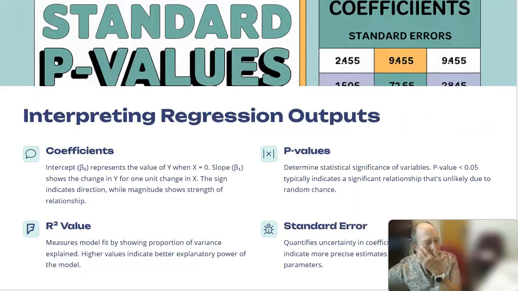Now, let's talk about this, because now you've got multiple parameters that define the data. You've got a beta naught, which is the intercept, and you've got this beta 1, which is the slope of the line. Those are parameters.